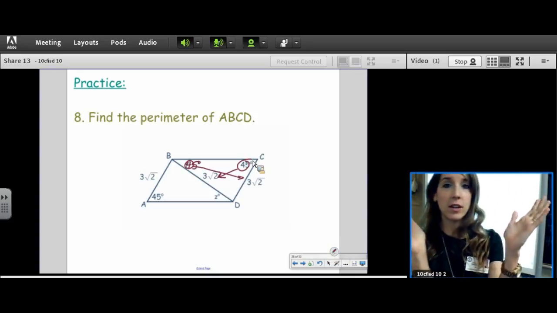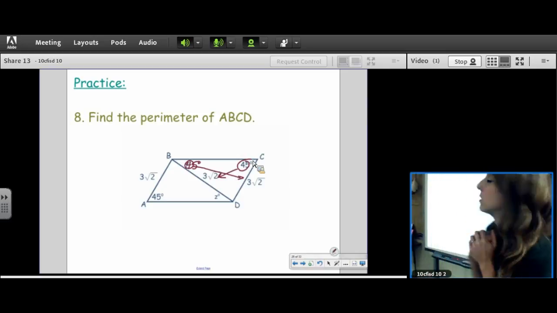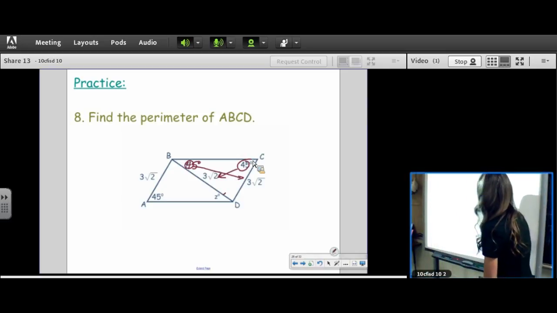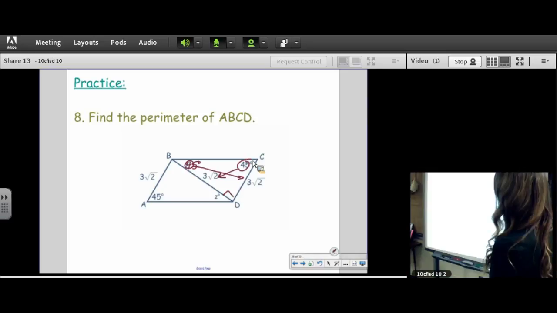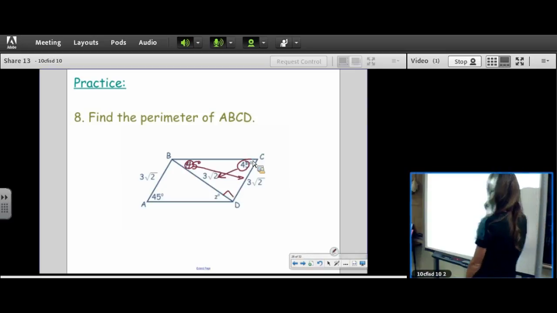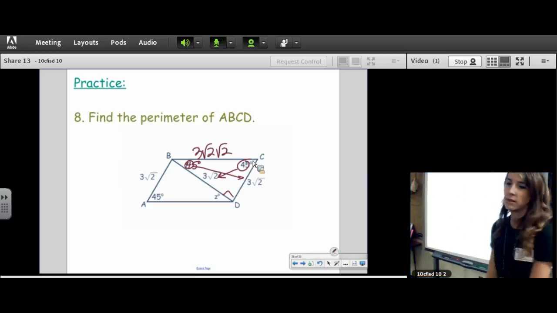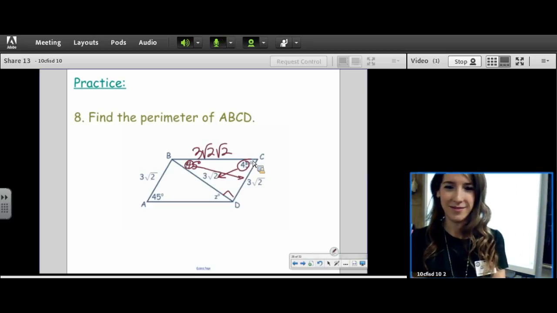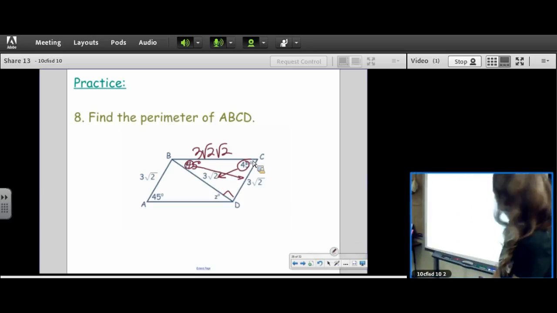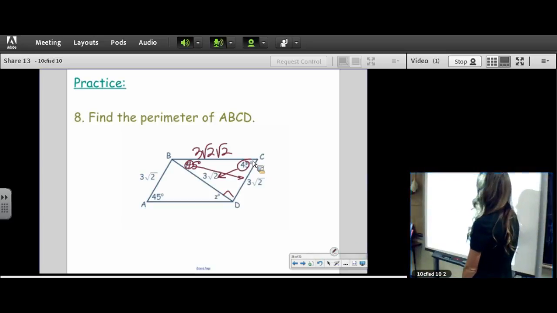If the sides are congruent, then the angles opposite are congruent, making this a right angle. 3 root 2, 3 root 2, 3 root 2, root 2. What's 3 root 2 times root 2? 6. Yep, we did that earlier in the lesson today. It's 3 times 2.